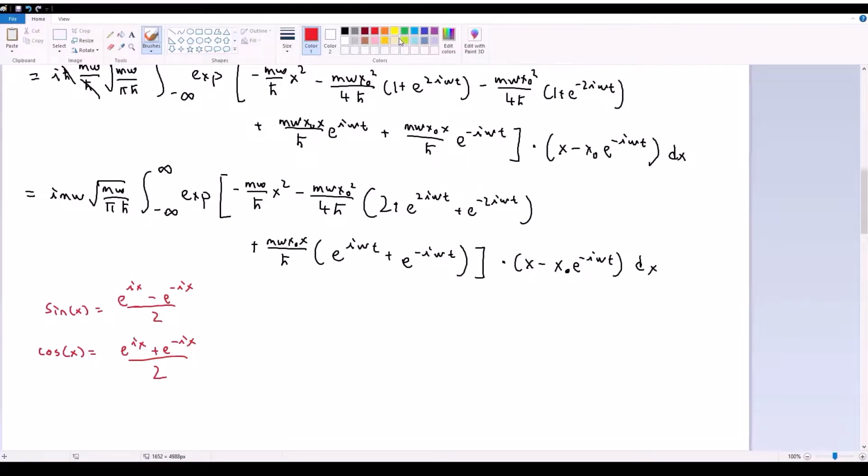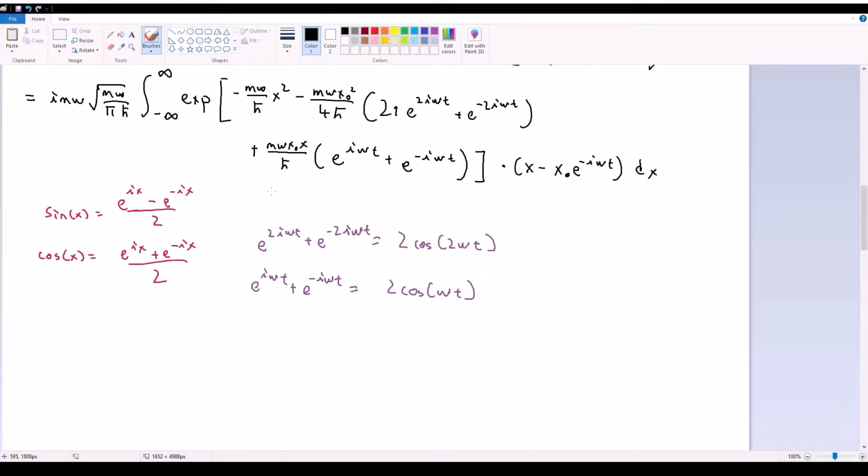We can rewrite this as e to the 2i omega t plus e to the negative 2i omega t, which is actually equal to 2 times cosine of 2 omega t. Is that correct? Yeah. And then e to the i omega t plus e to the negative i omega t is going to equal 2 cosine of just omega t.